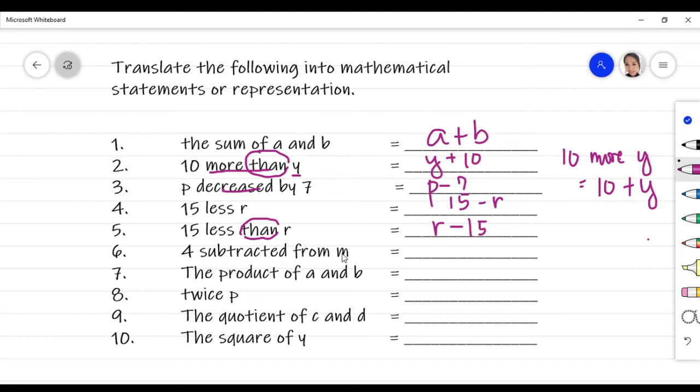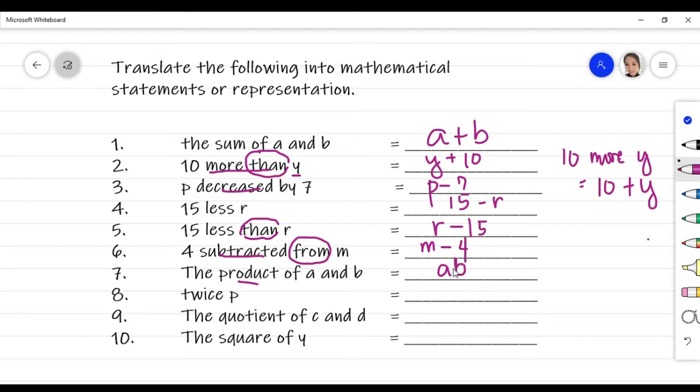4 subtracted from M. So take note, subtracted, but there is a word from. So the order should be reversed. So M comes first, then minus 4. The product of A and B, product is for multiplication. So that is AB.